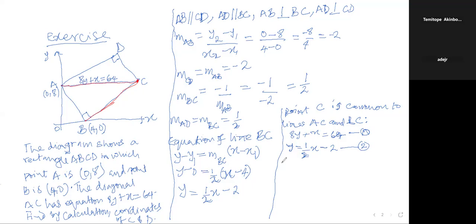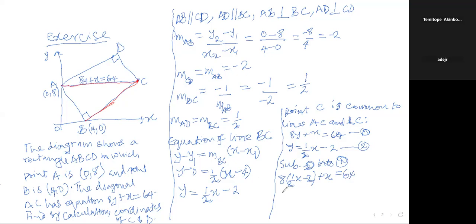So I'll just substitute 2 into 1. If you substitute 2 into 1, you have 8 times 1 over 2x minus 2, plus x equals 64.